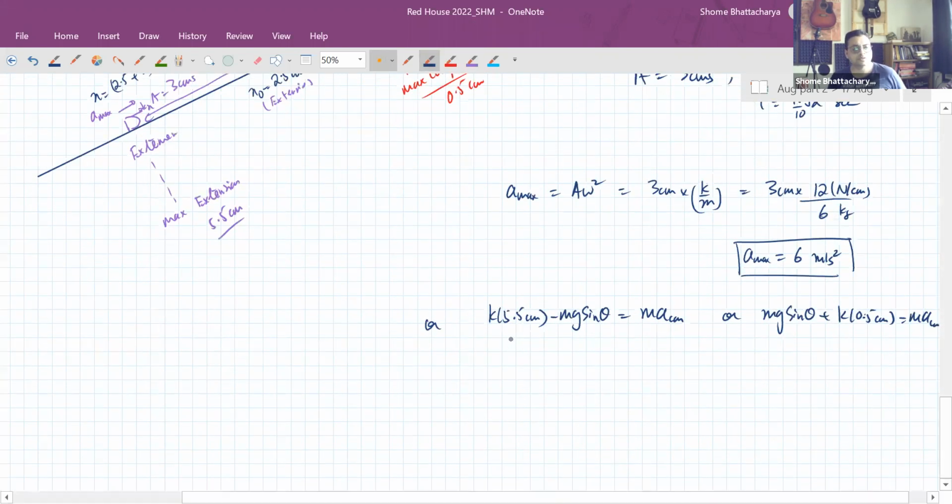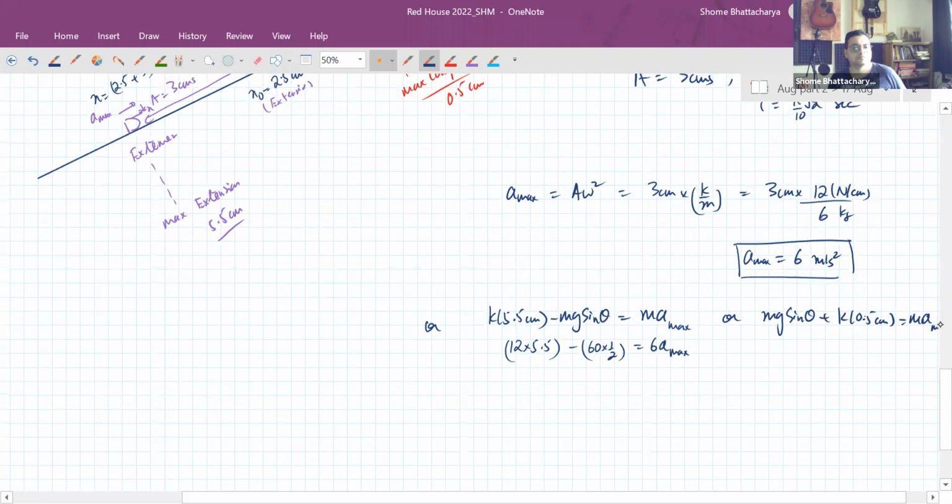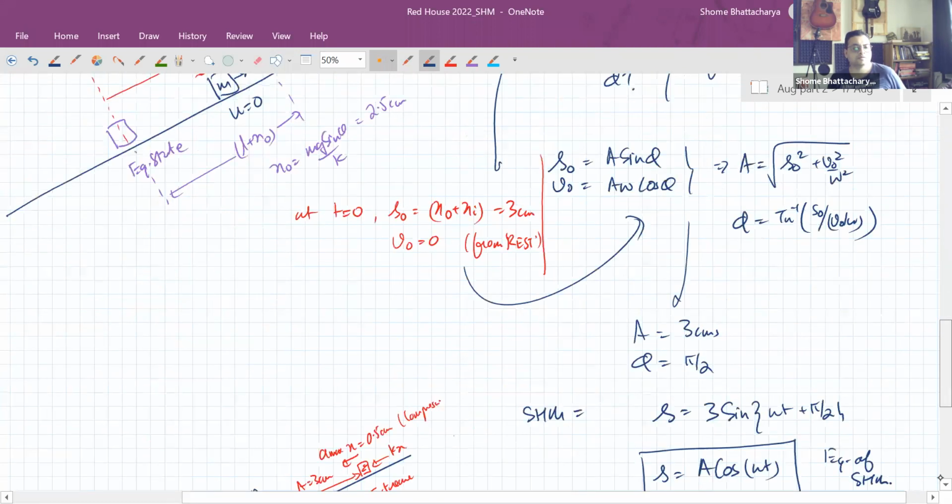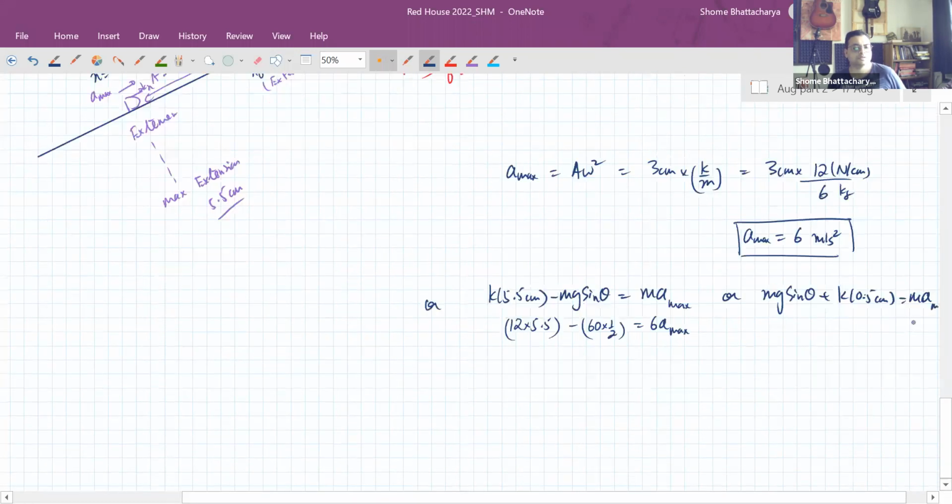So here you can see this is 12 into 5.5 minus mg sin theta, which was 30, is equal to 6 into a maximum. So this should give us the same result. Yes.